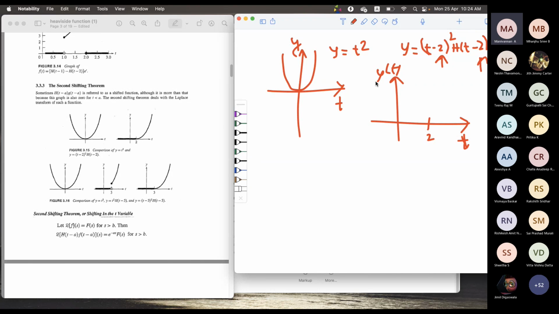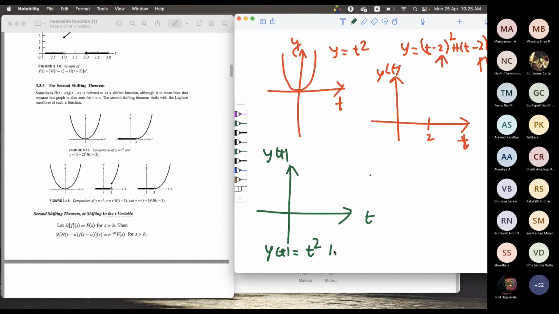Here you have to understand one basic concept. Suppose y of t is t square into h of t minus 2.